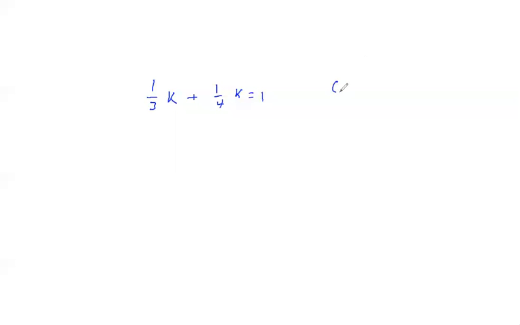On this problem, I always prefer the clear the fractions method. And when you clear the fractions, you simply multiply both sides of the equation by the common denominator.